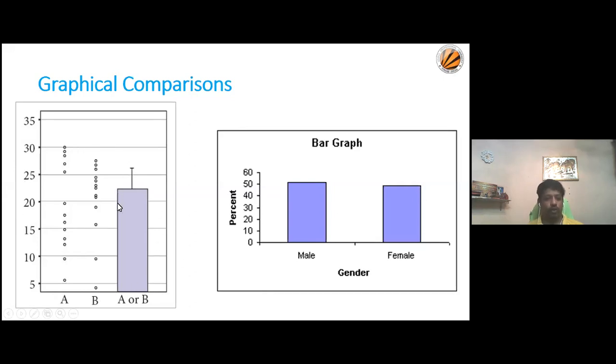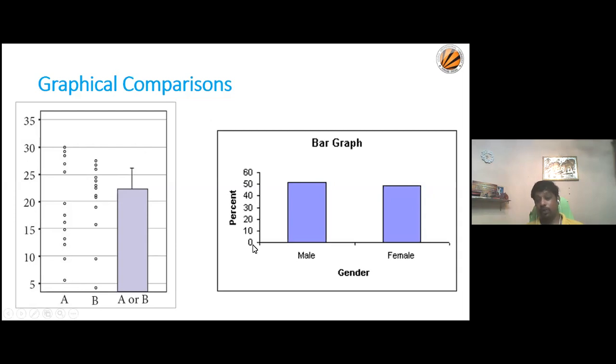Two different variables, two different datasets have been presented in different ways in a single graph, without the values, without the captions for the x-axis and y-axis. And also, if you see the other bar graph here, the gender difference, male and female, I think they presented it in percentage.